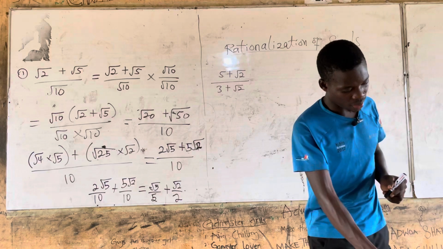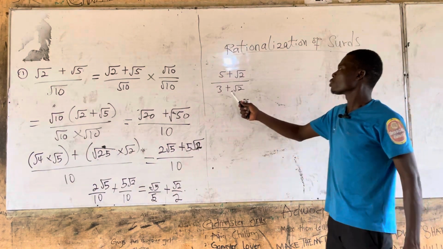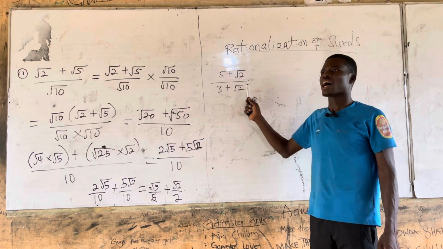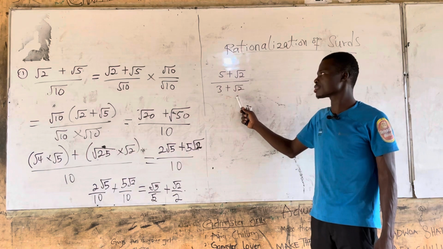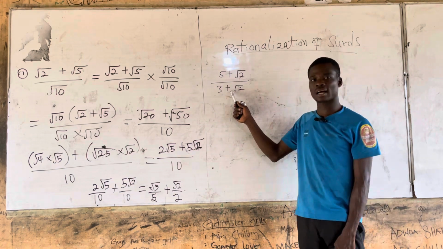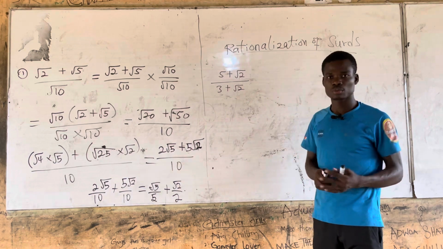So now let's rationalize this one. In this case, we have to find the conjugate form of 3 plus root 2 and multiply this set by the conjugate of the denominator. So the conjugate form of the denominator will be what? 3 minus root 2.